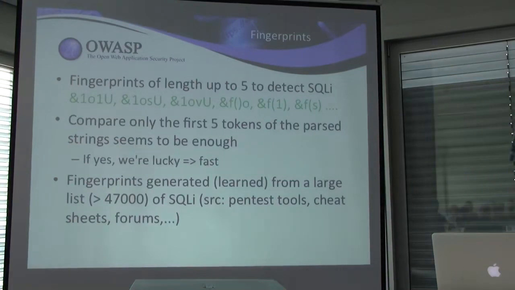If this is true, if this is secure, that's really cool, because that's unbelievably fast. You only have to parse the first 5 tokens, and you have a quite small list of fingerprints which you can sort, binary search, and so on. So this fingerprint list is, as I heard, basically learned or generated from a large list of SQL injection patterns.